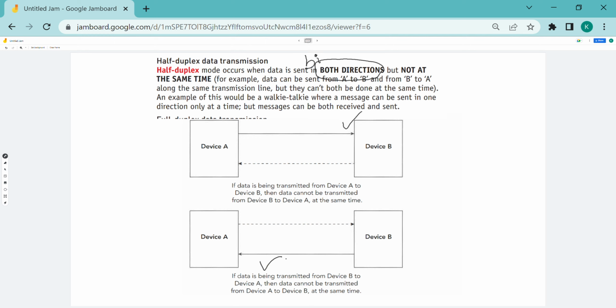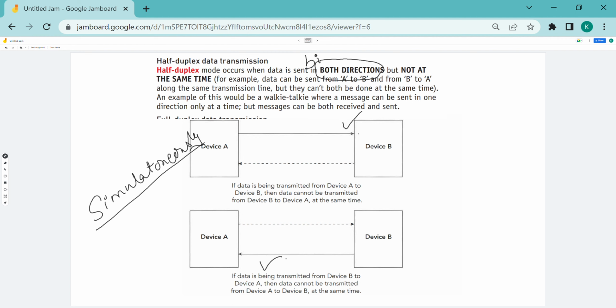First, one will stop the process of sending, then the other process can be initiated. So the word simultaneously we use to describe this situation, that data is not transferring at the same time. Yes, it's bidirectional, but not at the same time.